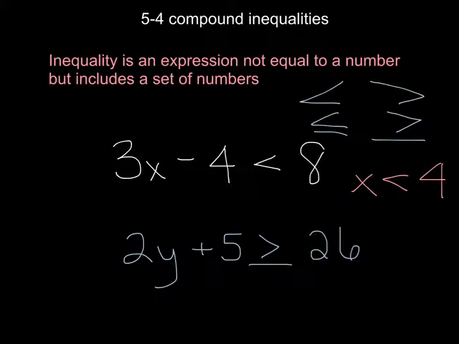And then the bottom one actually comes to a decimal point. And again, if you solve it like you would an equation, just without the equal sign, you would get y is greater than or equal to 10.5.